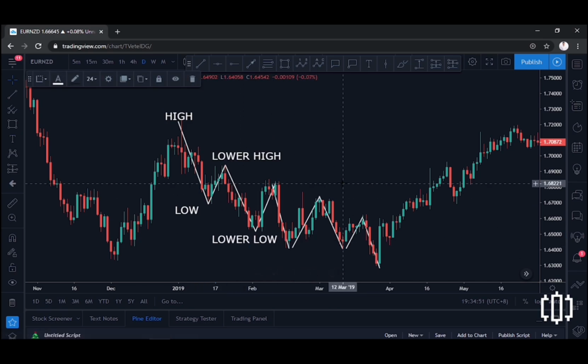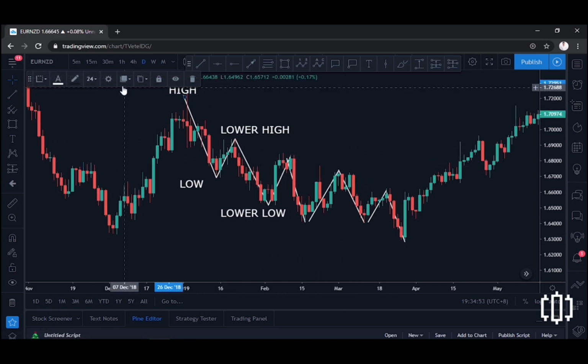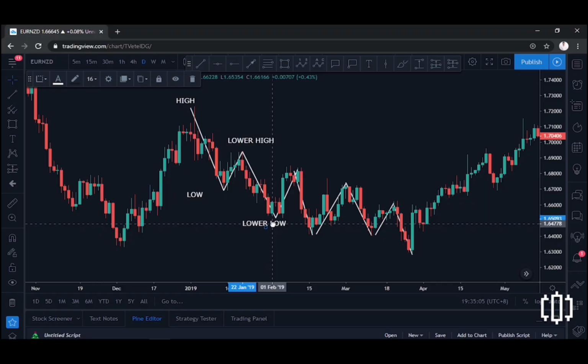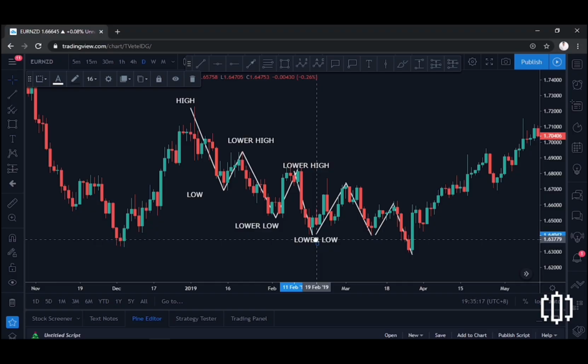Okay. Let's make it smaller. Okay. Better. So this is gonna be your lower high because why it is lower than your previous high. Okay. So this is lower low. Okay, because it's lower than this one. So this is lower high.